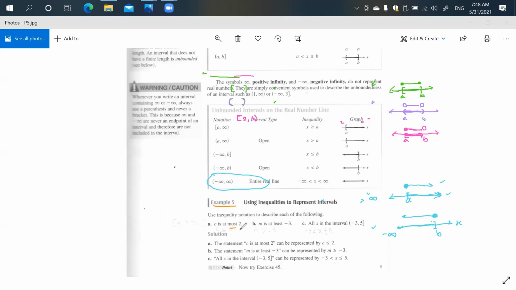Then that means C can be less than 2, right? But the maximum is 2. So they represent it by the inequality like this one. So in this one, question A, if you put it on the number line, put it on a graph. So a number line here, right?